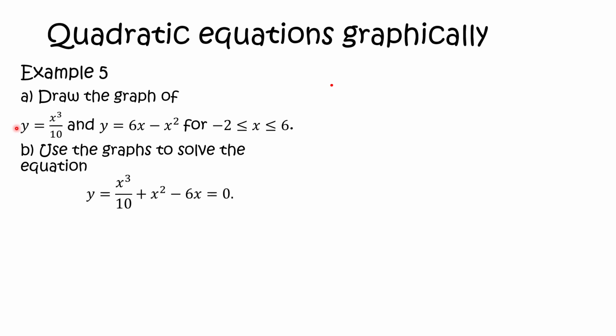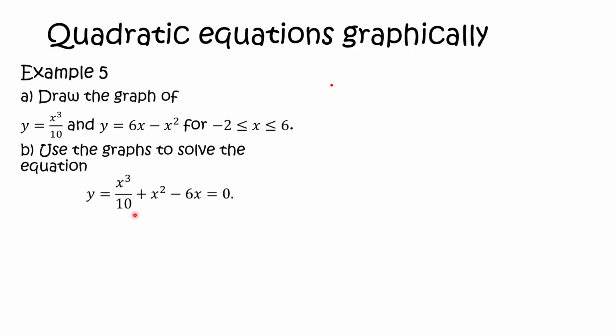Let's get on to example 5. So with example 5, we've got two graphs. One is a cubic and the other one is quadratic. And we're given the range of x, that is from -2 to +6. And we are also meant to solve the graph with that equation over there. Right, we're going to start with the table of values.